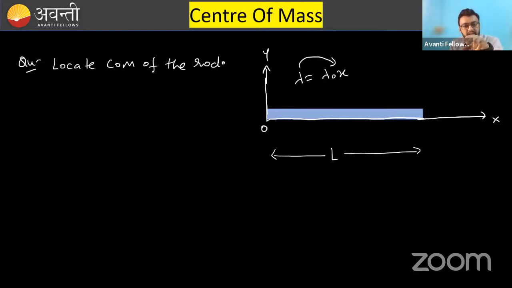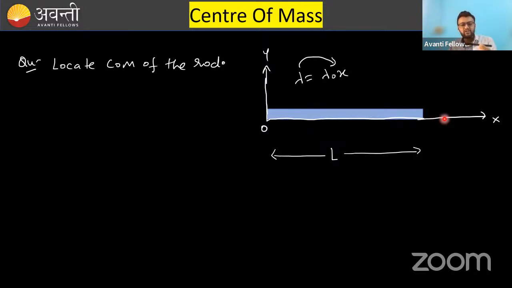What is the meaning of this increase in x? Lambda will also increase. That means this portion is lighter as compared to the portion ahead of it. Ahead of it is another, heavier portion. The rod is becoming heavier as you move in the positive x direction. This is the meaning of this mass density.